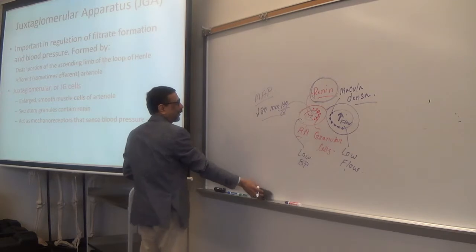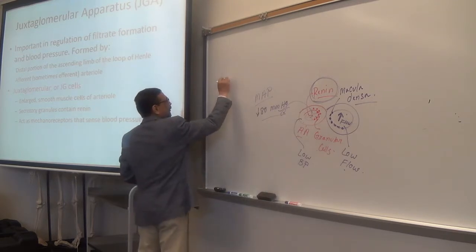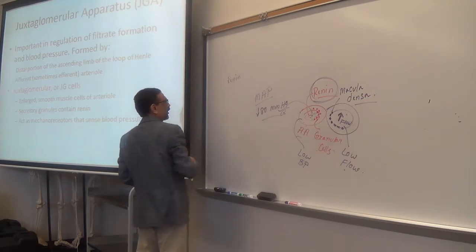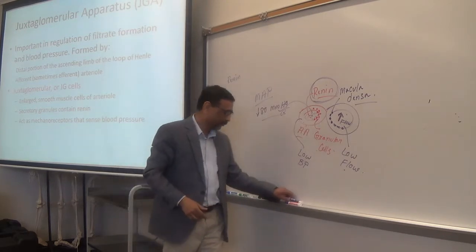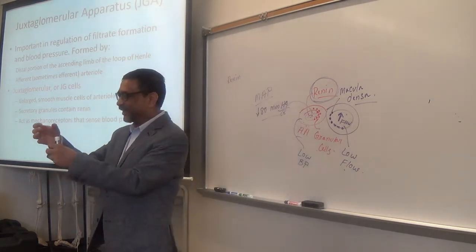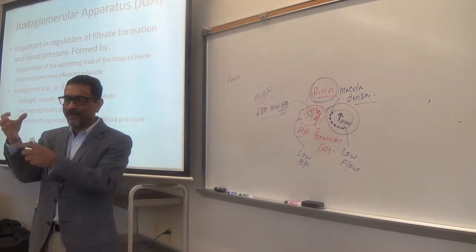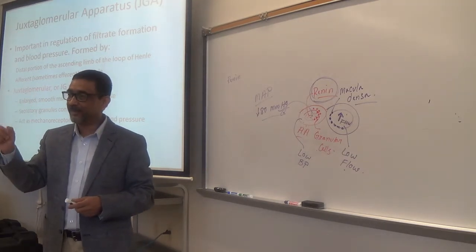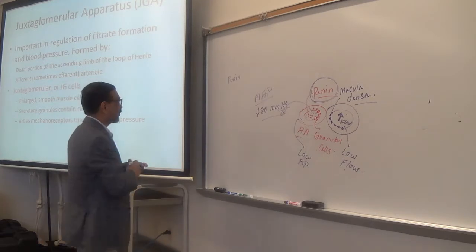Okay, and renin does what? I said renin causes generalized vasoconstriction. Remember that? To increase the blood pressure. But renin itself doesn't do that. Renin does what?